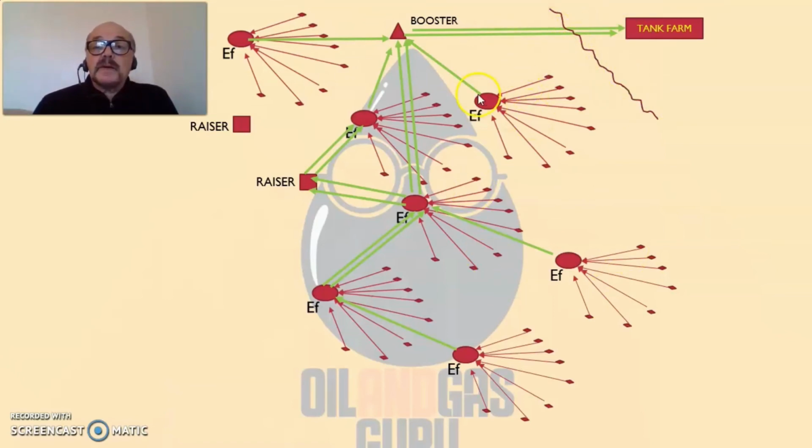All the flow stations, we have all the flow stations here, and the wells right here. Each one of the wells has a flow line to the manifold, which is the flow station, and there we separate the gas from the liquid. By the way, in this case there is only liquid.